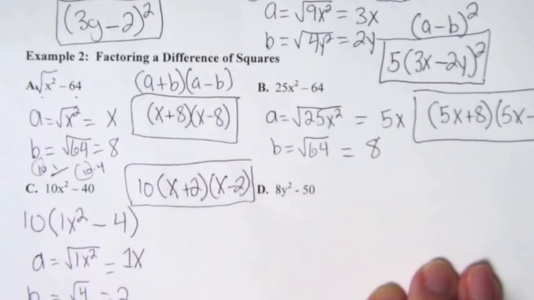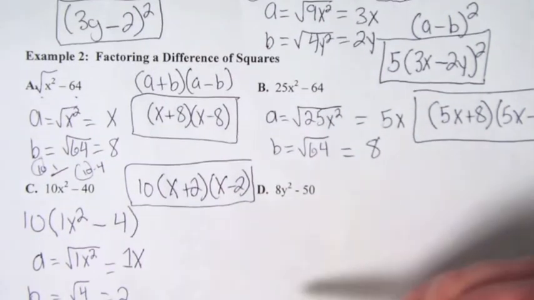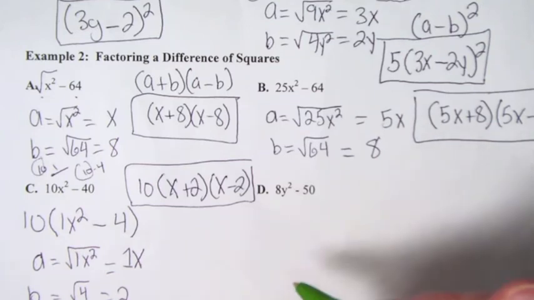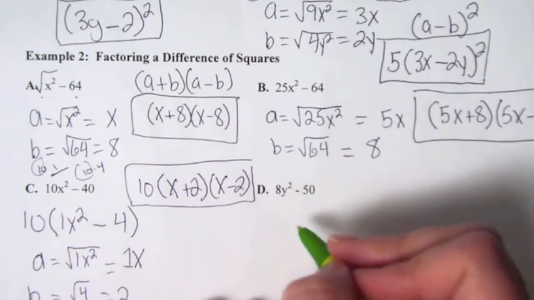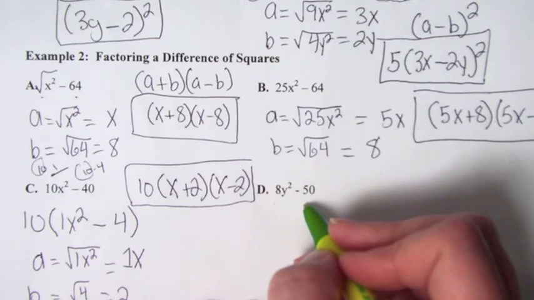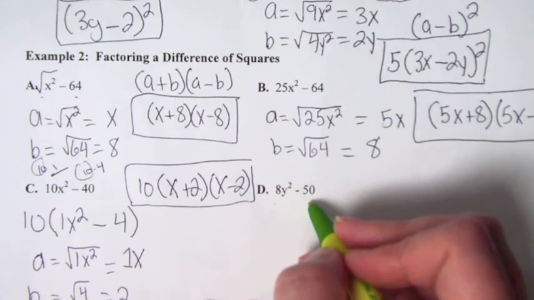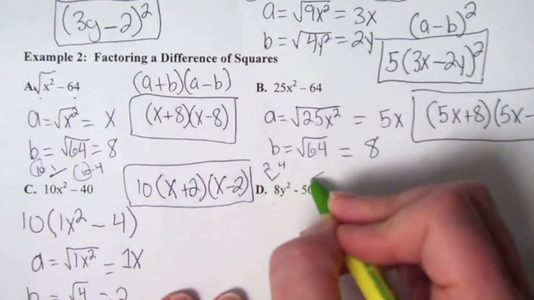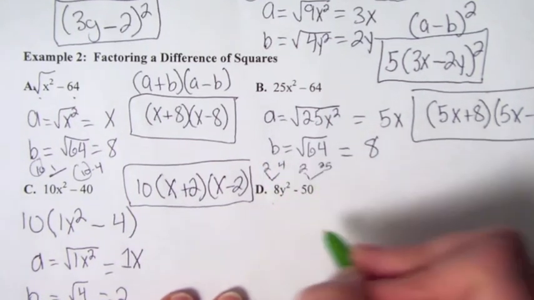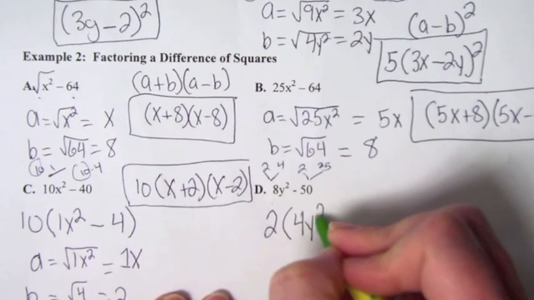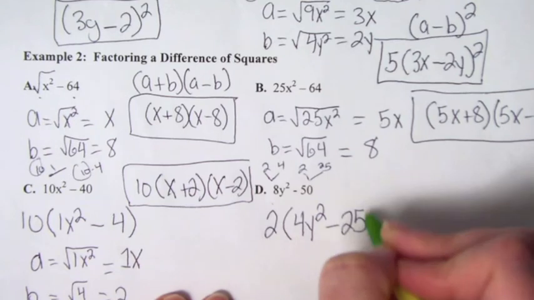All right, let's look at this last one, letter D. Letter D, 8 and 50. Neither one of those are perfect squares, so that means there's probably a common factor we can pull out of here. We're looking at 8 and 50. Looks like a common factor is going to be 2. Because this is 2 and 4, and this is 2 and 25. So we're going to take out a 2. If we take out a 2, we're left with 4y squared minus 25.